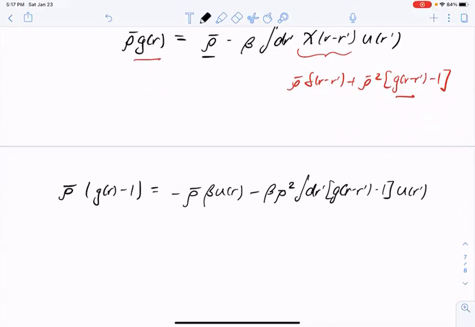Now there is a rho common everywhere, so I can take this one out, that one out, and one of those.